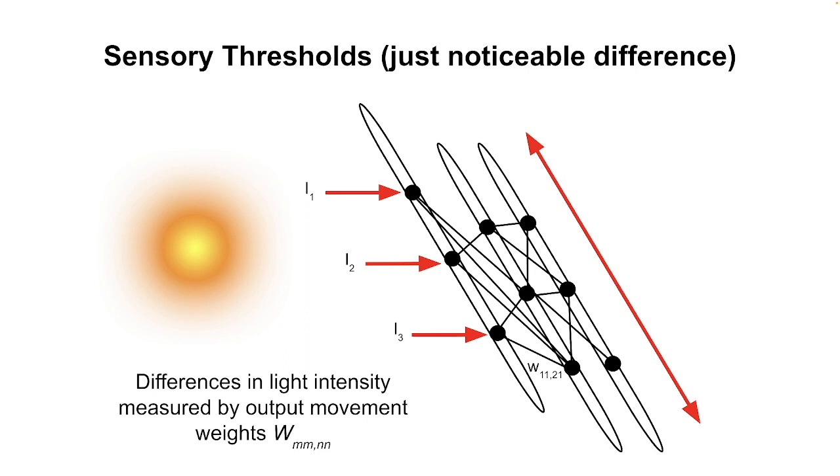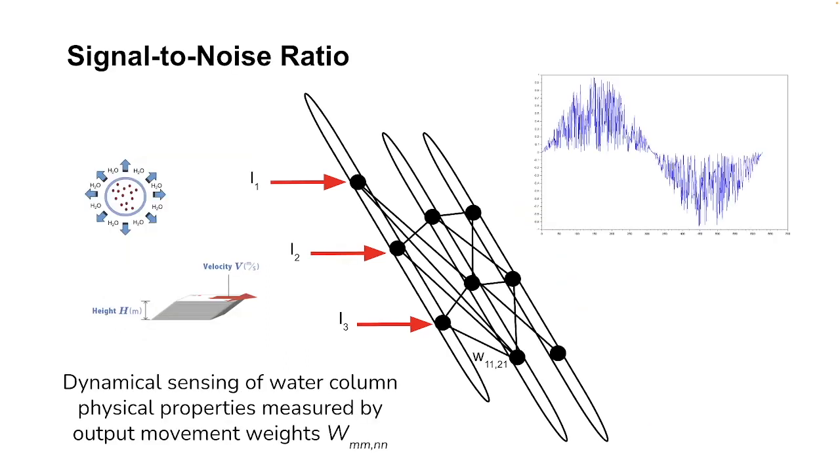And so we can measure those differences in light intensity by looking at the structure of this network, looking at the motion, and even modeling the diatom and proposing that there are different noticeable difference thresholds or other types of information processing properties of this network.